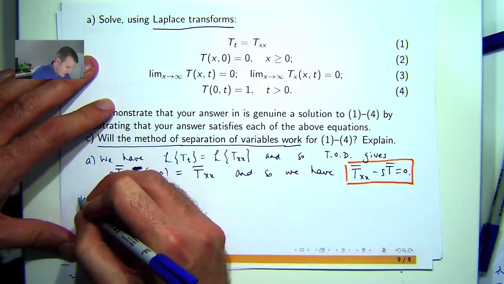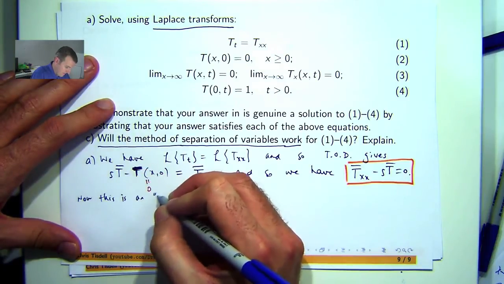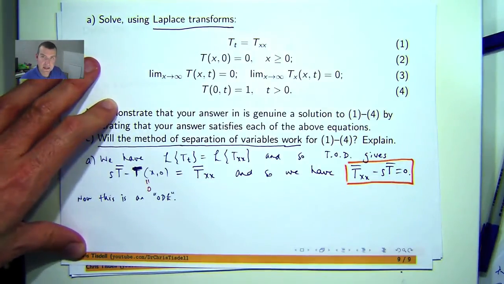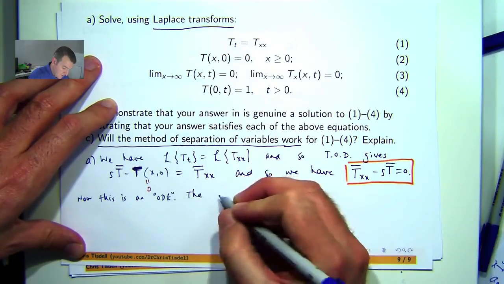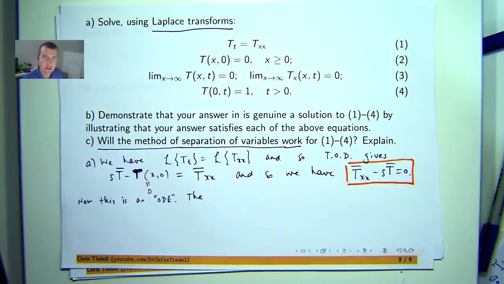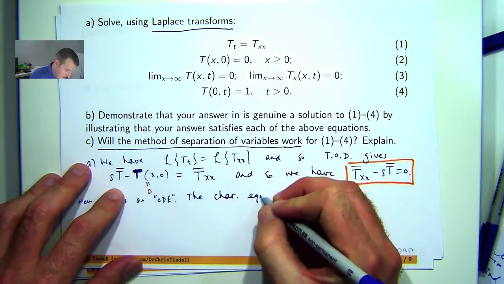So let's investigate this further. So imagine S is essentially a constant now. How do you solve it? Well, it's a second order linear homogeneous ODE with essentially constant coefficients. So we look at the so-called characteristic equation.